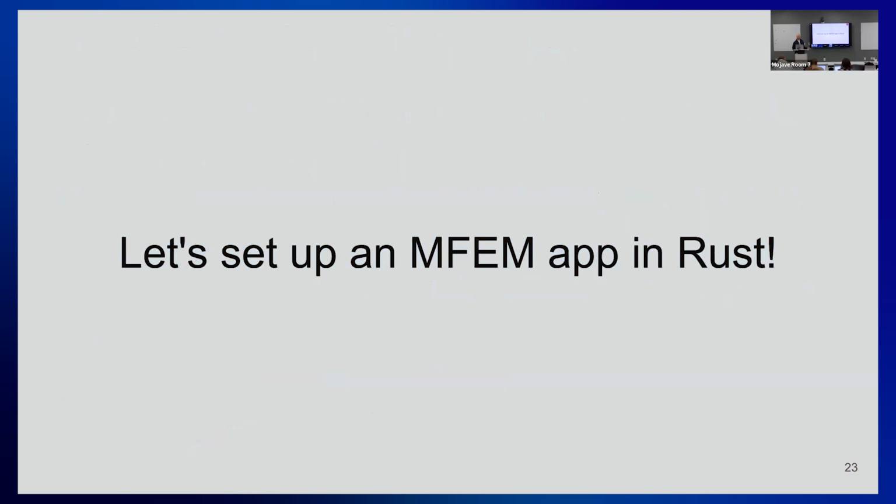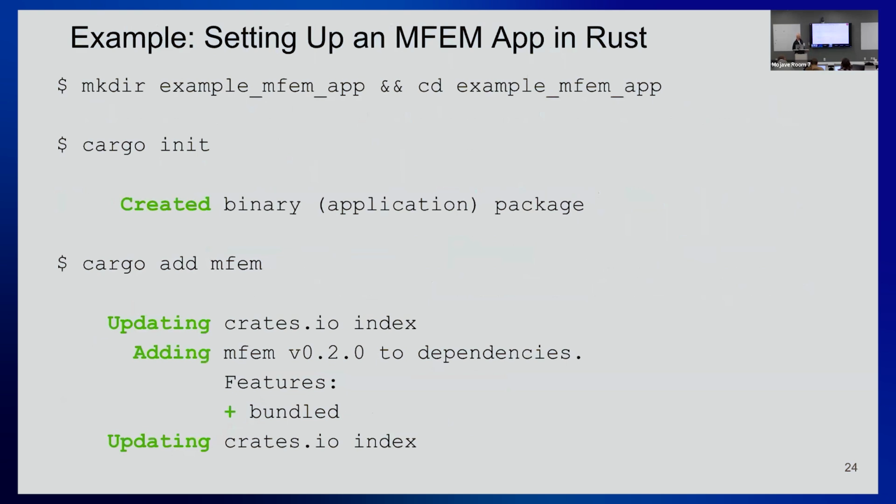So I'm going to show you what this looks like from a practical perspective. We're going to set up an MFEM app in Rust. It's basically 3.5 commands that we have to run, depending on how you're counting: creating the directory and going into it. Then we say cargo init. It says, okay, created binary application package. And we say cargo add mfem. We're adding this dependency.